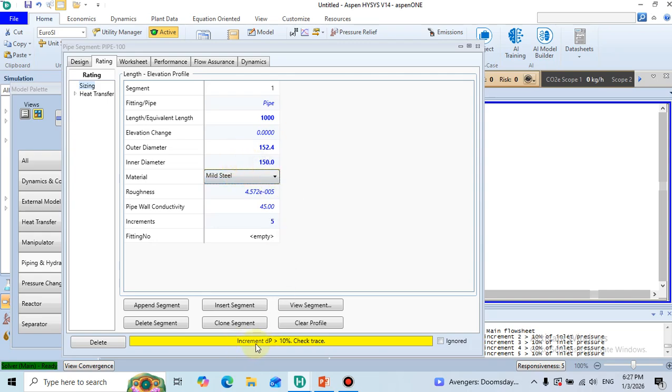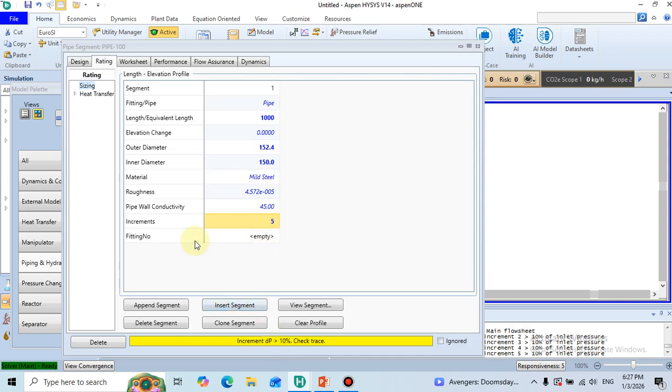So how can we fix this problem? The incremental differential pressure is not converging. What it means is that the software uses a numerical method. It cannot converge because it divides each section of the tube, and then solves the problem for each section separately.